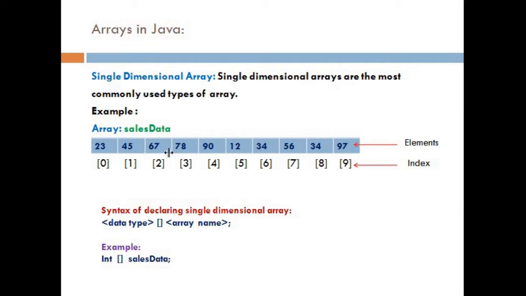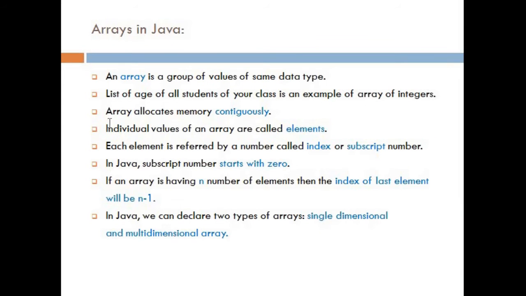And since these array elements are stored sequentially, the memory locations where these array elements are allotted are also arranged sequentially. So we can say that the memory allotment of each of these elements inside the array called sales data is done sequentially or contiguously. That's why it has been said in the third point that array allocates memory contiguously.